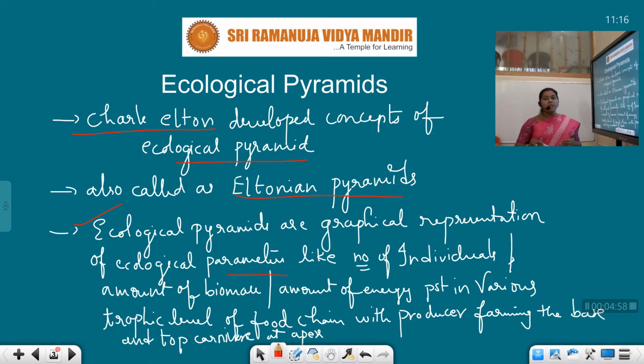These are the steps we can see in the pyramid, right? This ecological pyramid gives information about the number of individuals in a particular food chain, and the amount of biomass and energy present in the various trophic levels, with producers forming the base and carnivores at the apex.